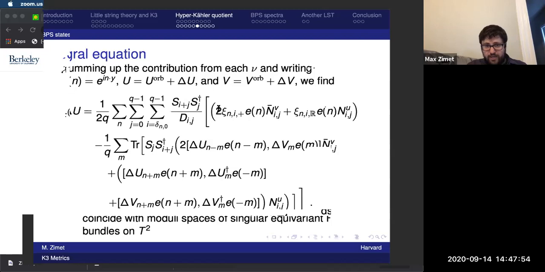And if you squint your eyes for a little bit, you'll realize that this is an integral equation on the dual torus. I just wrote it in momentum space because I've been working with the Fourier components. But I think we're basically convolving these delta u and delta v with some Green's function. That's what's going on down here.